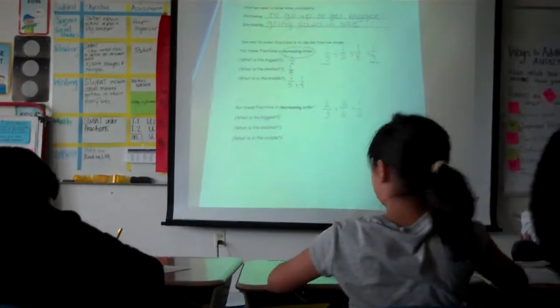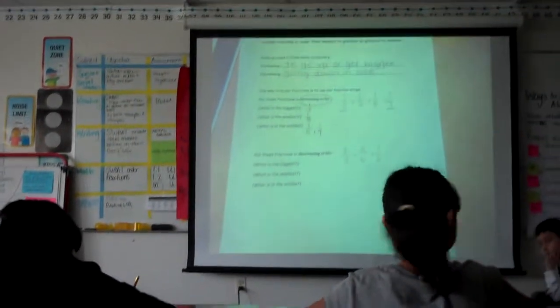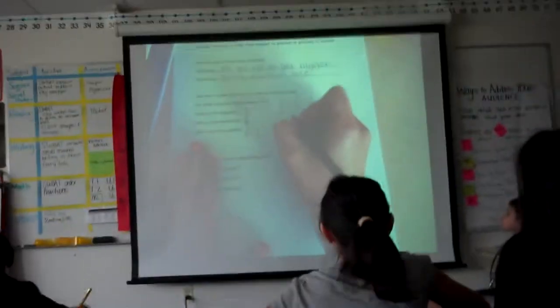No. Okay, so try again. We will go from smallest to biggest. Exactly. When we have increasing order, start with the smallest fraction and then work your way up to the biggest fraction. Okay, so what did we say was the smallest fraction?